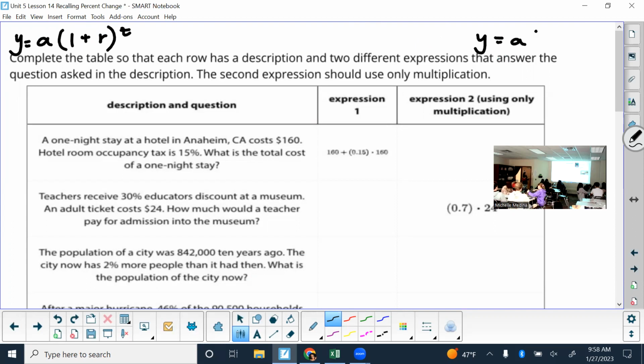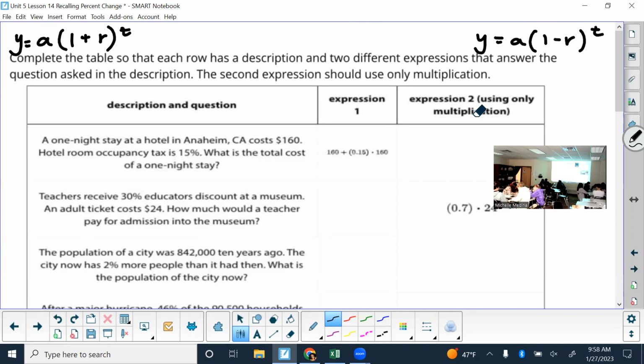When it's decay, it's usually 1 minus whatever the decay rate is. So use that to help you. When I am completing this table, they want an expression for how you can figure out what the cost is now. But then they also want one where it's only with multiplication, like how we did in number 3.